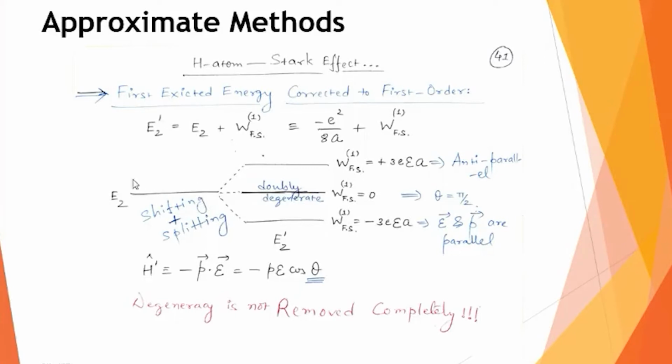This E2 was actually a four-fold degenerate state, but after adding this correction, it is no longer four-fold degenerate. You can see now there are three separate energy states. So you can say that your degeneracy is removed.